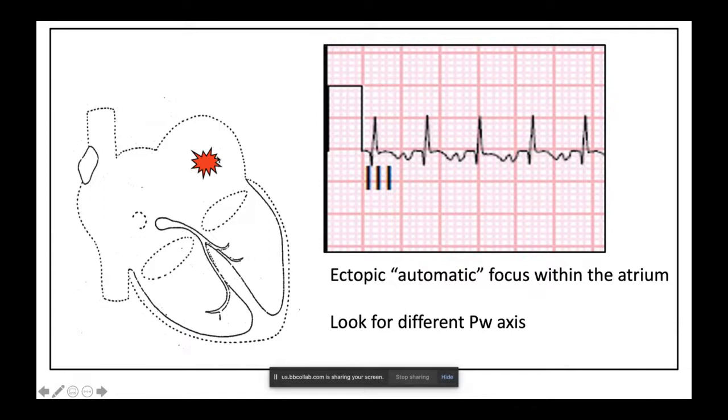So you would see the ectopic atrial tachycardia march along just like you would have seen in atrial flutter. So ectopic atrial tach is an ectopic automatic focus within the atrium. As I said, it is a focus with a mind of its own. It's usually faster than the sinus rate, and it goes on at its own rate. And the biggest clue is you have to look for a different P wave axis compared to normal sinus rhythm.